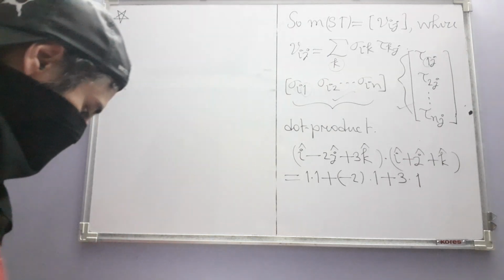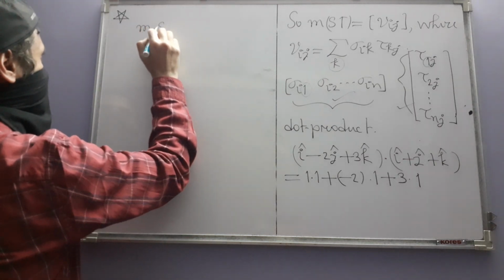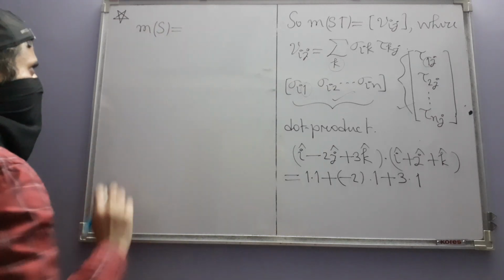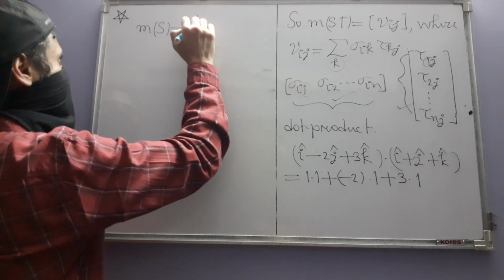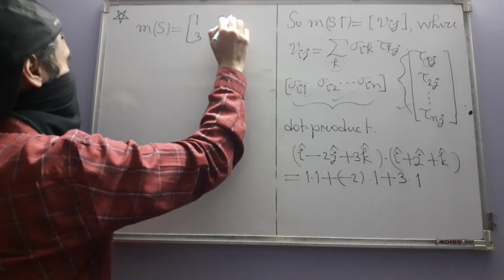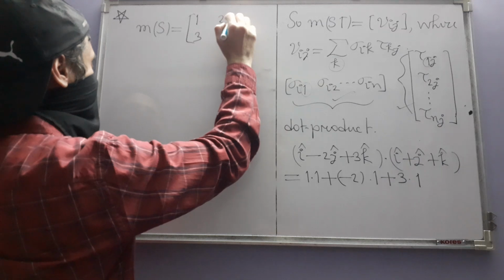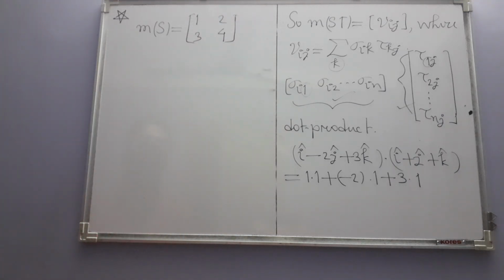Now, say your MS is actually this matrix: 1, 2, 3, 4. Okay. You can take anything, but this is a convenient choice.